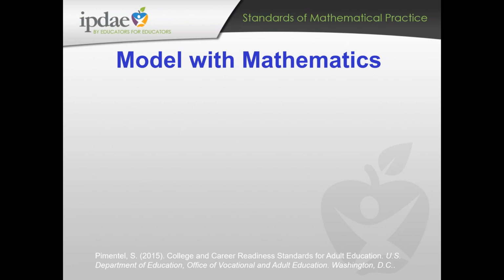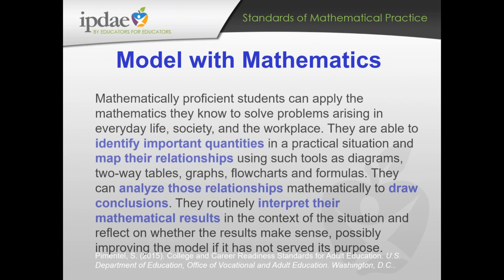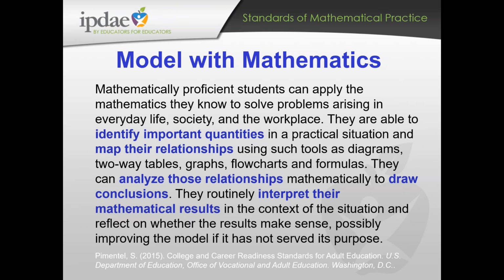Modeling with mathematics is so wordy in our standards, but I highlighted those very important things. When we ask students to model mathematics, we want them to identify important quantities, take away the unnecessary quantities, and use the ones that are needed to solve the problem.